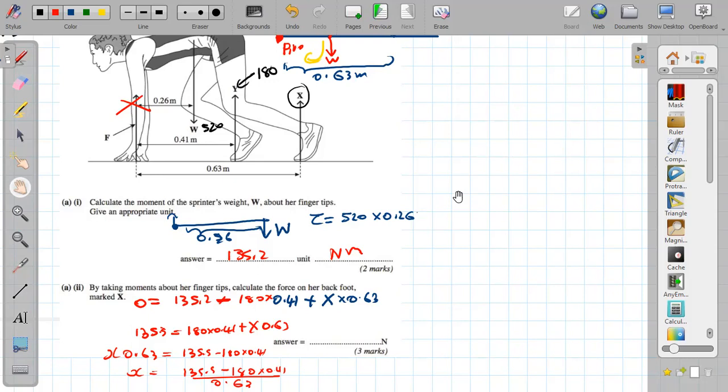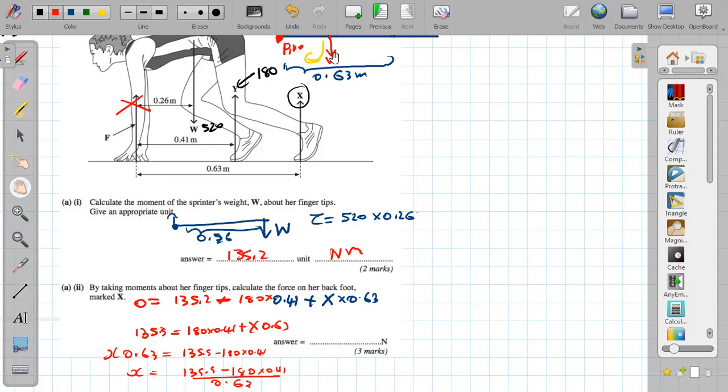So we take it as a horizontal line, mark the clockwise and the anti-clockwise, and then since the moment is zero at that point because this distance is zero, we have to equate zero equals to all the forces times their distance. So the moments about W minus moment about y plus moment about x.